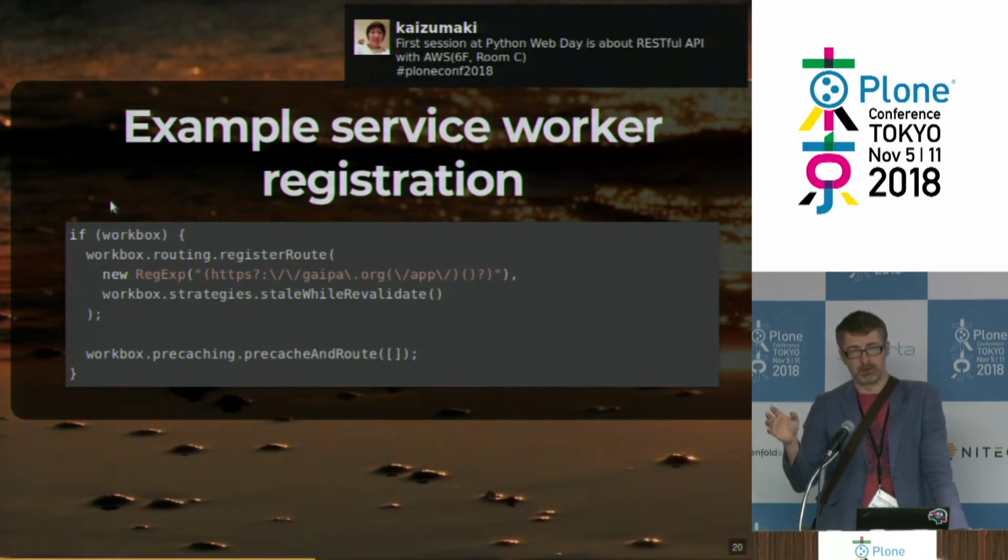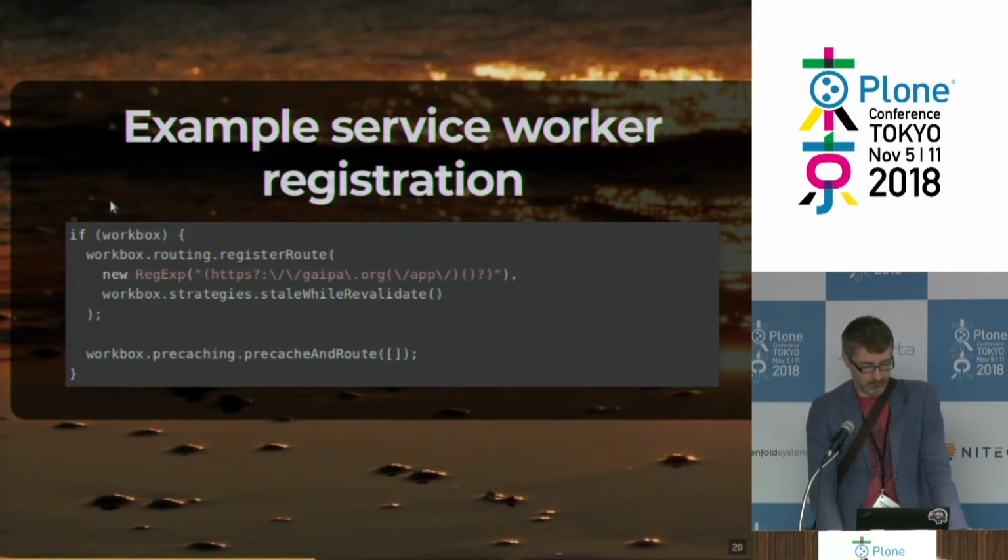Some configuration depending on if you use Webpack or some other tools, but that's really not much. This is saying with a regular expression, everything which is coming from gaipa.org/app, which is the backend, gets cached. And the strategy we are using here is stale-while-revalidate. So first serve me the content from the cache, so give it fast. And then go to the backend, update your cache.